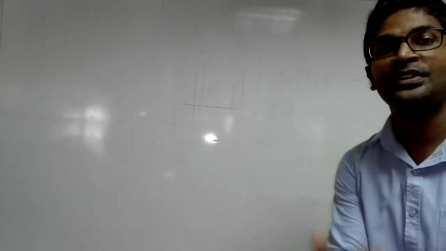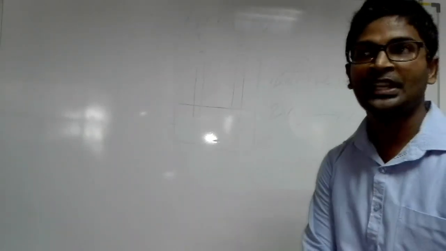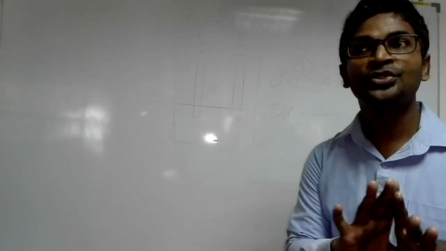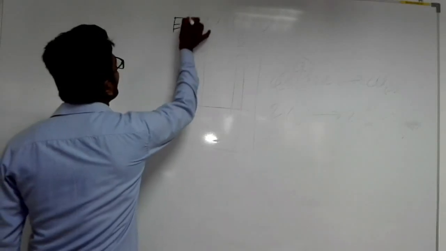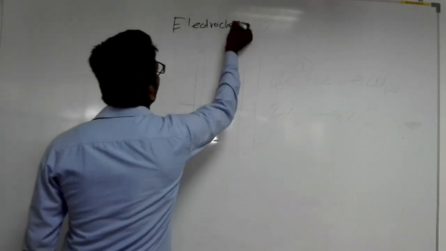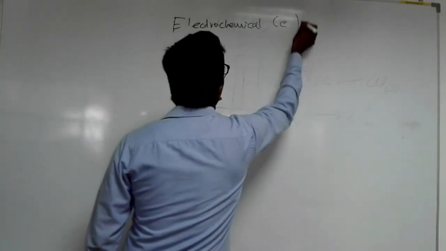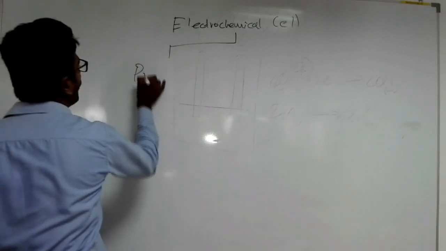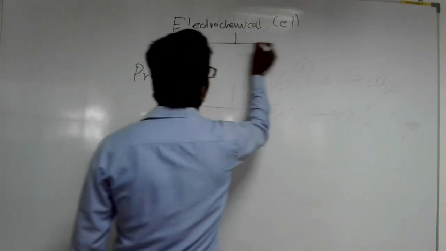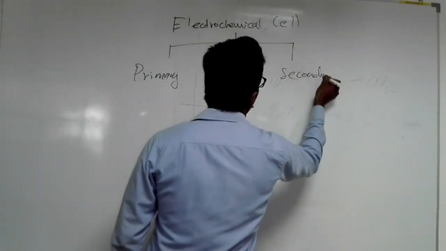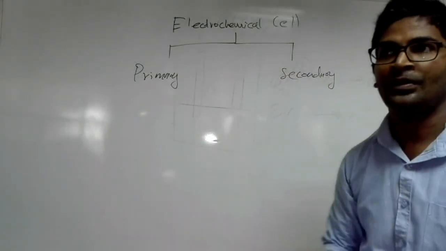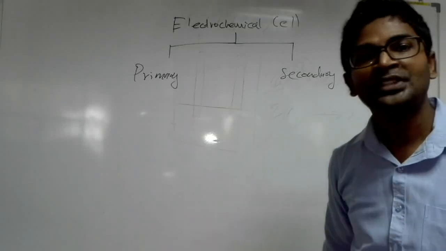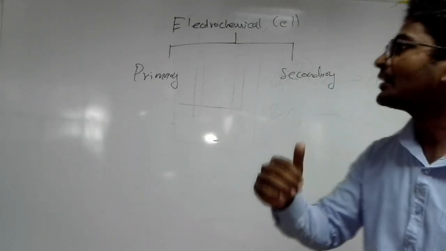Now we are going to discuss the types of electrochemical cells. Basically there are two types: primary electrochemical cells and secondary electrochemical cells. The primary types are the normal Daniell cell and Leclanche cell.